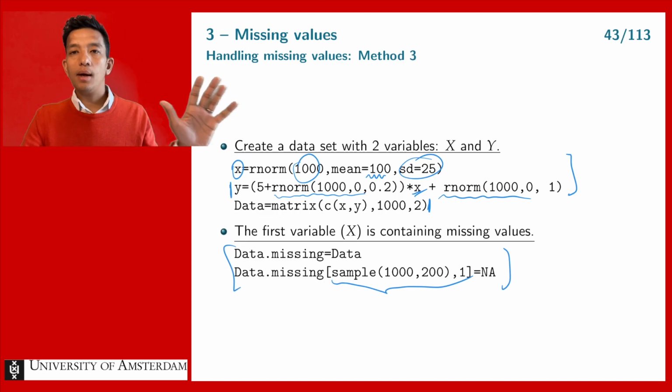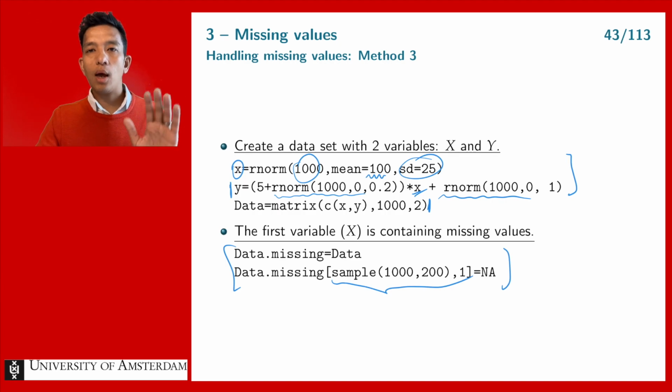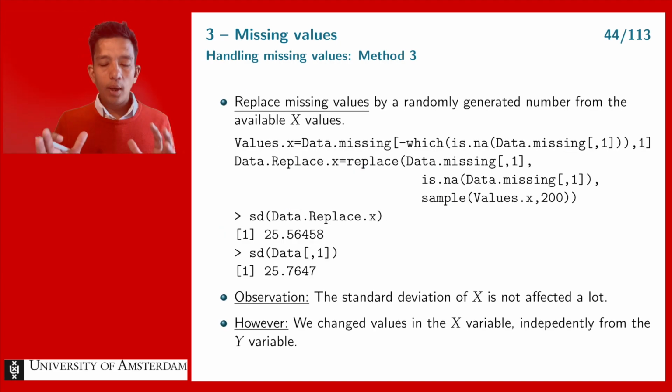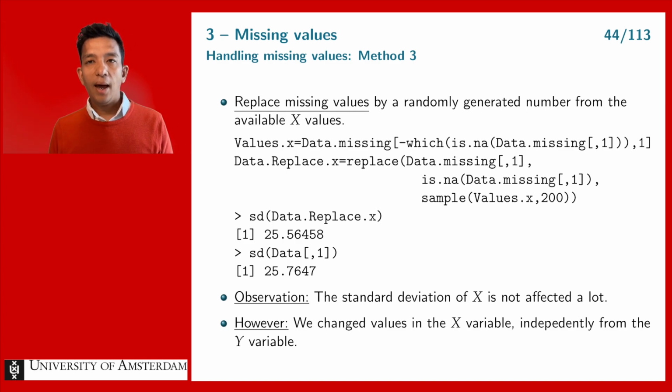So it's the same as in the previous two methods, but now we have x and y is a function of x. So we have our dataset data.missing, and in method 1, method 2, data.missing was a vector. You have only values for x there. In this situation, method 3, data.missing is a matrix.